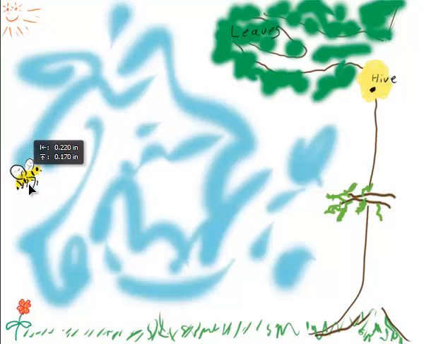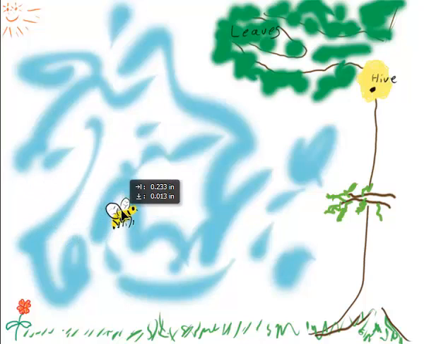So we have this bee and it's flying around, and it's flying towards the hive at a constant velocity. It wants to keep a constant velocity so that it's easy prey for birds. Well, maybe that's not such a good idea for a bee, but at this particular moment the bee wants to keep its velocity constant.